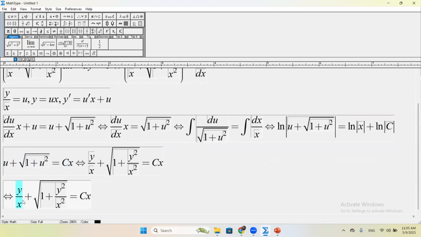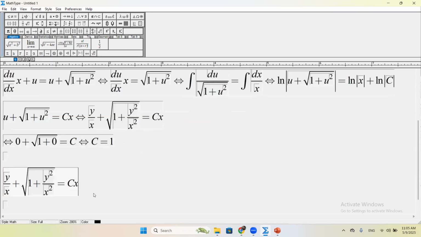So here 0, 0, and here will be 1. So actually c equals 1. So the partial solution will be the following. So this expression. I'm not sure if we can write it in explicit form, so it will remain like this.